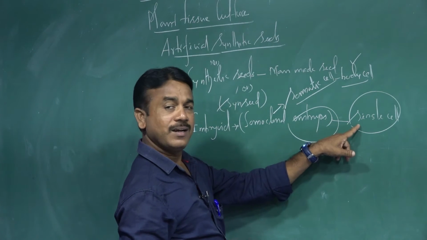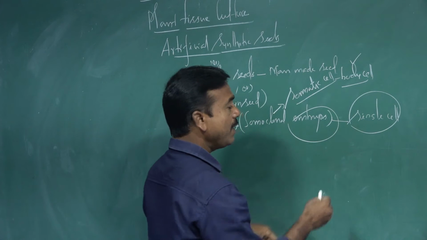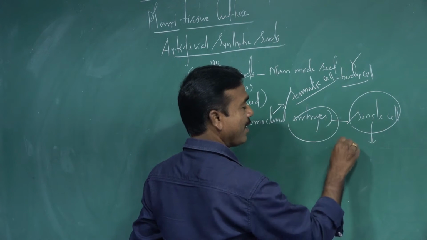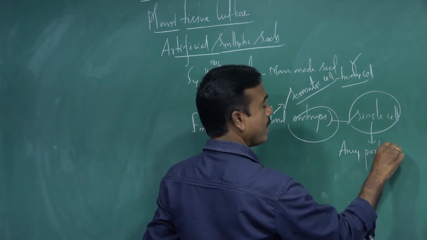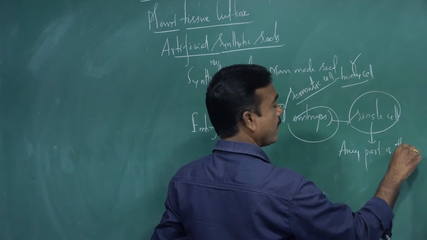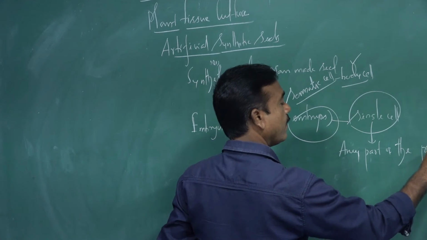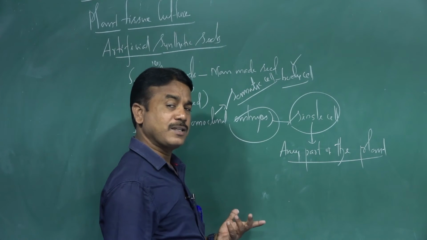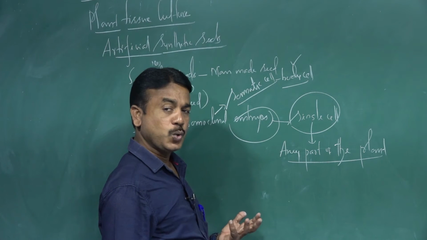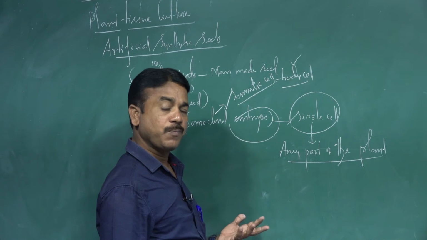That single cell is derived from any part of the plant. You know that a plant has various kinds of parts, namely root and shoot.